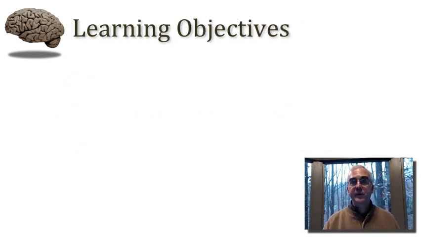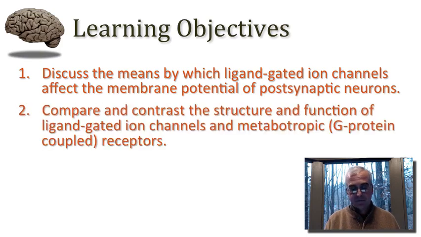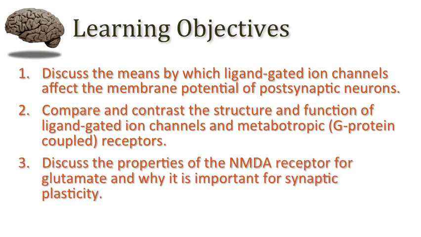So we have some learning objectives today. I want you to be able to discuss the means by which ligand-gated ion channels affect the membrane potential of postsynaptic neurons. I want you to be able to compare and contrast the structure and function of the ligand-gated ion channels and the metabotropic receptors, also known as the G protein-coupled receptors.